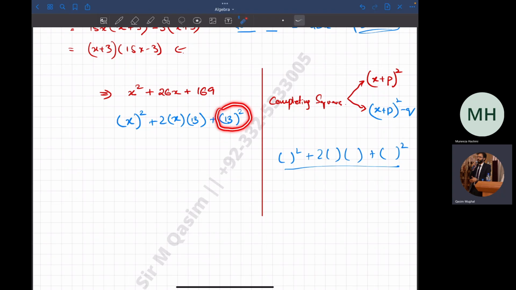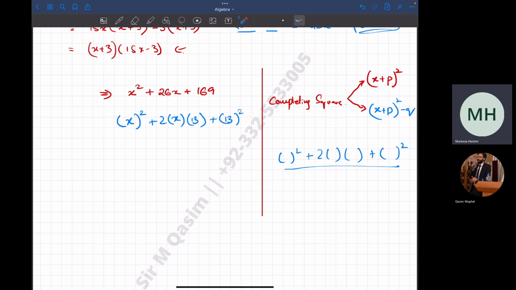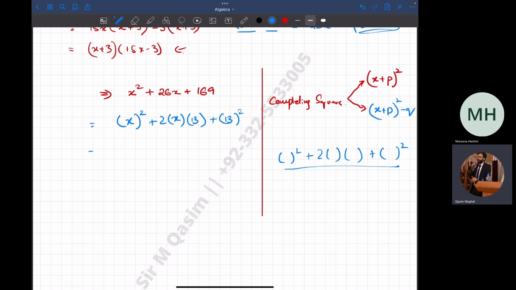Now you need to check if 13 squared is actually 169. Is it? Yes, it is. So if that's the case, then simply a plus b whole square, I should be able to rewrite it down as x plus 13 whole square. Got it? So that's the main concept behind it for factorization purpose.